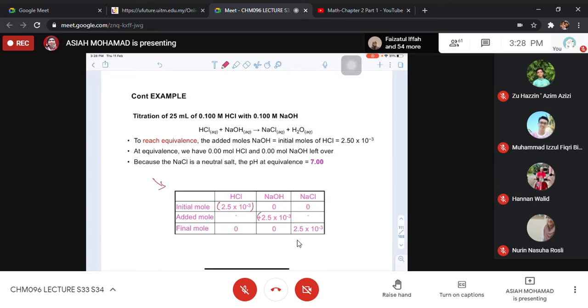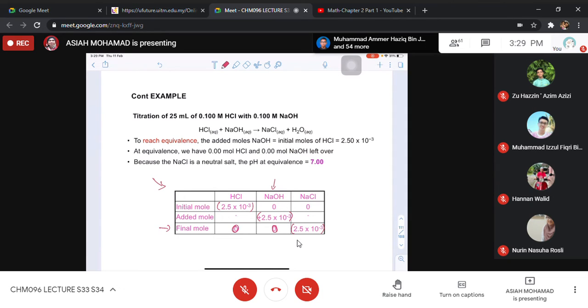If you add the same amount of sodium hydroxide, it will react completely with HCl. So the final mole will be 0 for HCl because it completely reacts with sodium hydroxide.